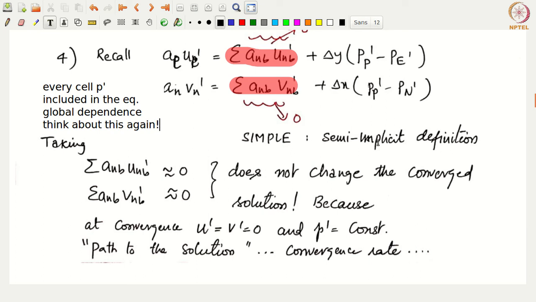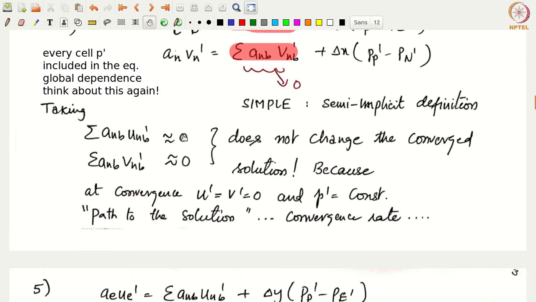So in order to save computational effort, we are doing that, and that's where the naming of the algorithm as semi-implicit comes into play. And the remaining part, pressure-linked equations, is because the momentum equations are linked to the pressure. That's where the naming comes from.